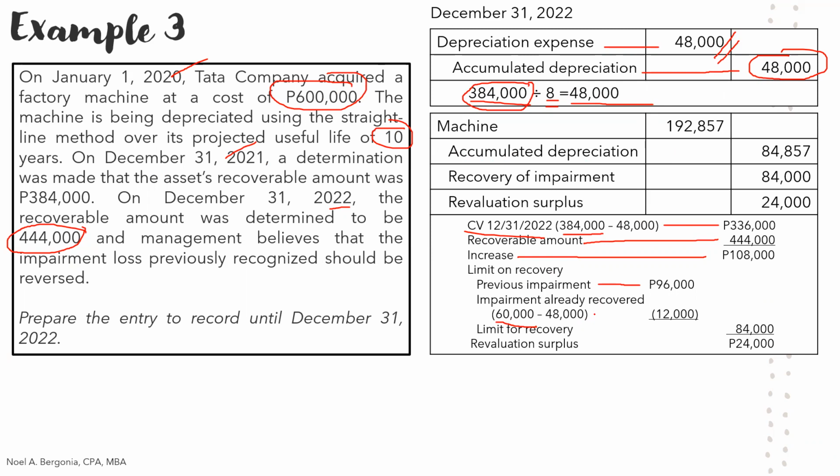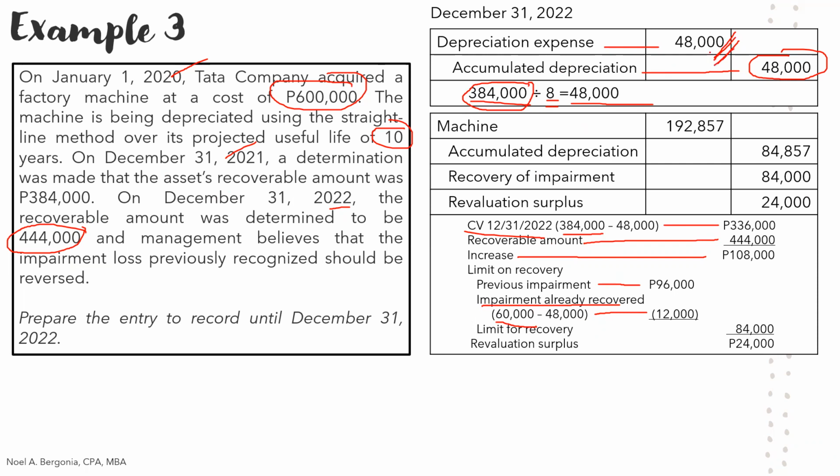And that is an indication that we have already recovered the previous impairment because of a lower depreciation. Okay, so kaya nakita niyo dito, an impairment already recovered because of the previous depreciation. Sir, 1 year lang ba siya?